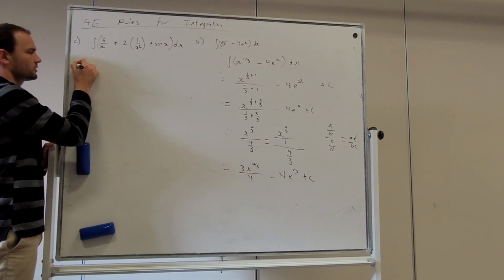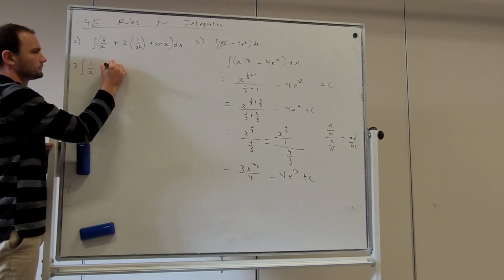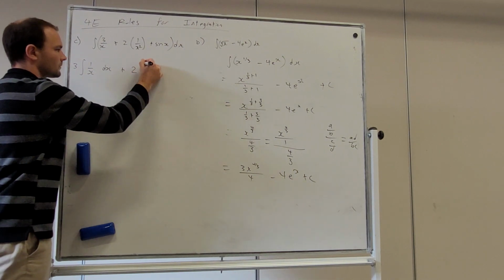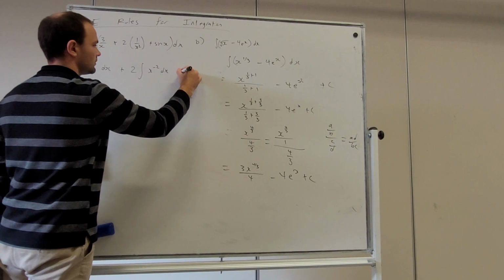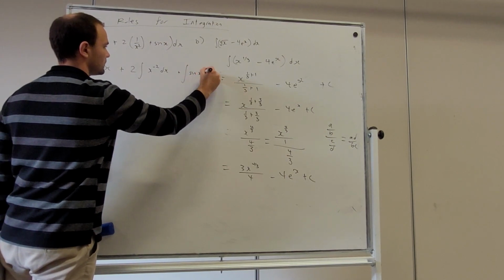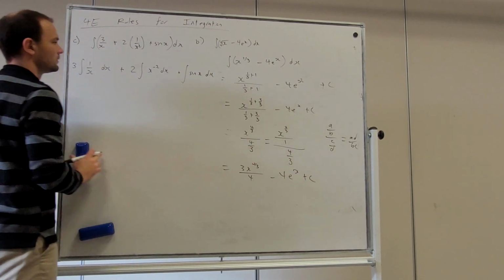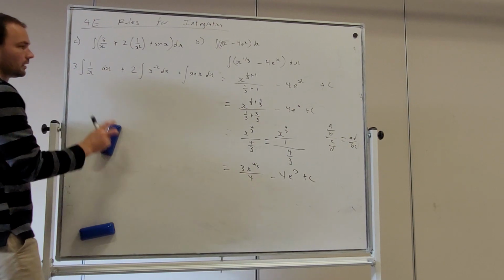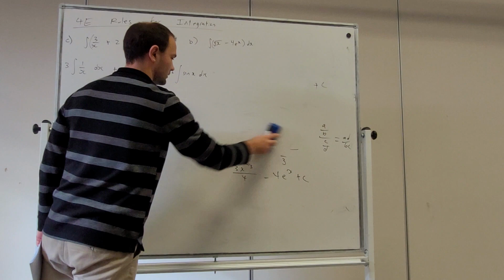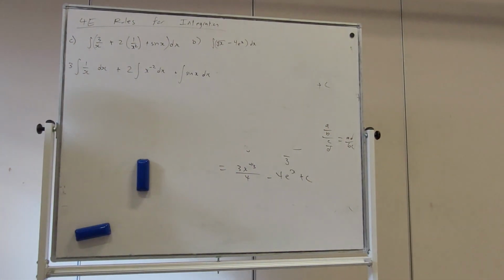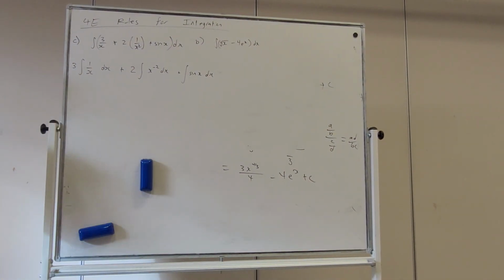So let's first just write it like this. Wasn't it 3 on x? Okay.